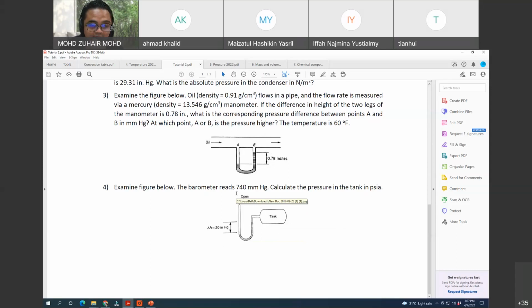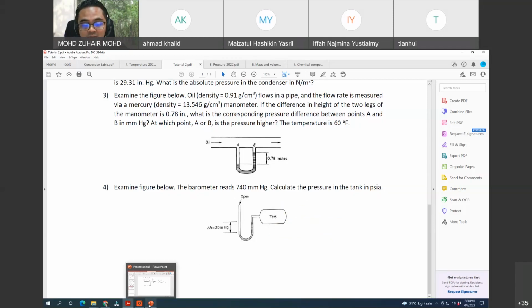Yes, correct. So when the atmospheric pressure is higher, that means the tank is in a vacuum condition. It's almost a vacuum condition because the pressure is very low compared to the atmospheric pressure. So the absolute pressure, instead of the pressure of the tank plus the atmospheric pressure, will be different. The atmospheric pressure will be minus the pressure of the tank, so that we get the absolute pressure.